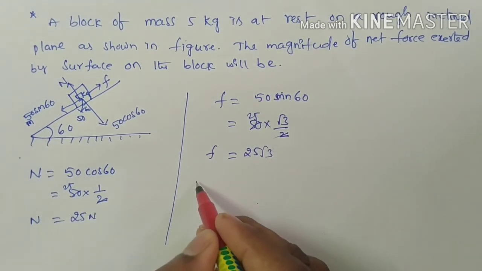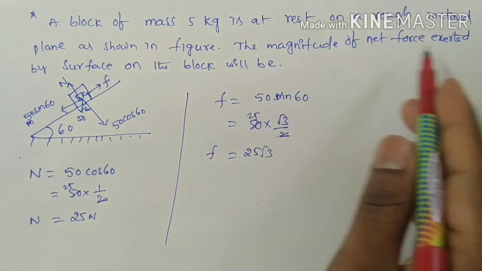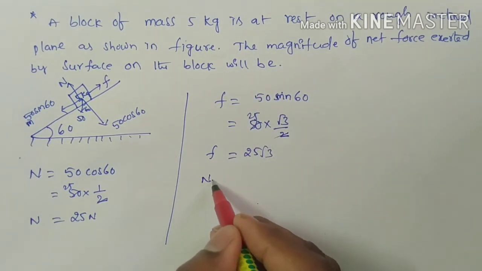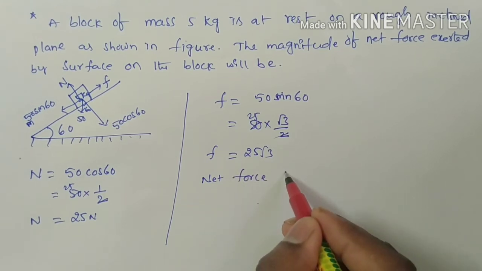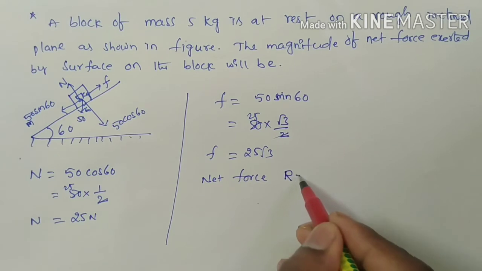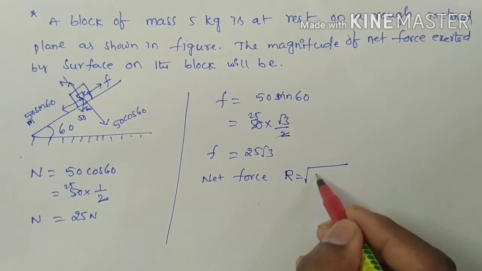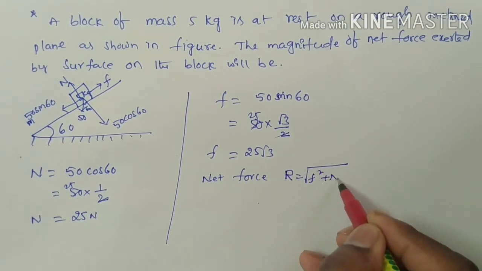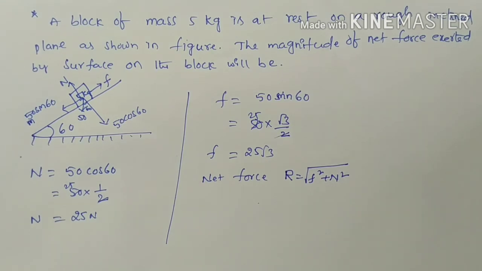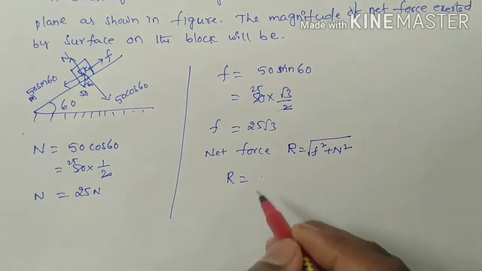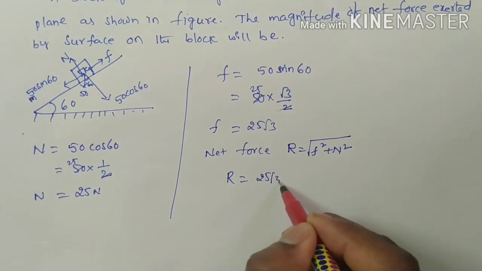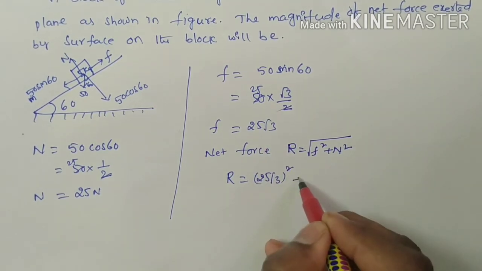What they asked is the magnitude of the net force. Net force, or resultant force, is R is equal to root of F square plus N square. This is the formula for net force. Already we calculated F: F we calculated as 25 root 3 whole square, plus N square.